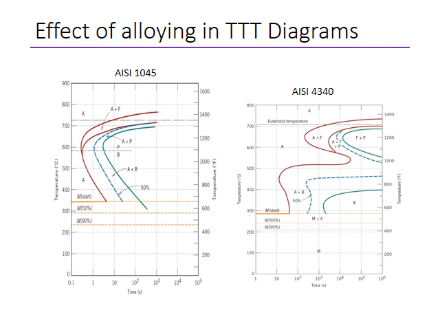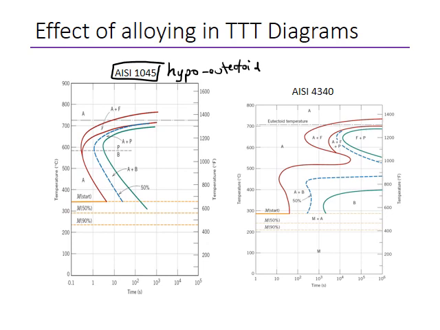So for the plain carbon steel, you can see that at 1045 steel, you have this hypoeutectoid situation. So you have the traditional starting and end lines.